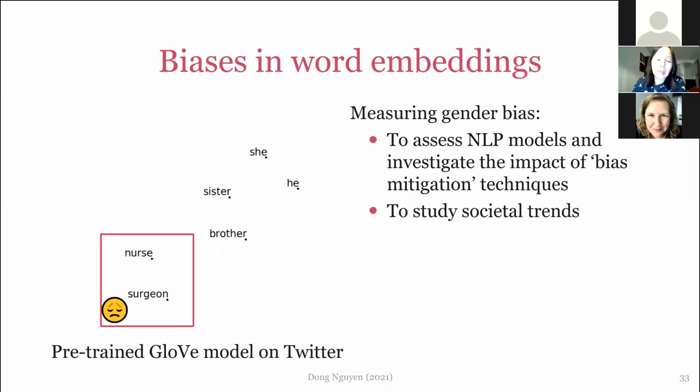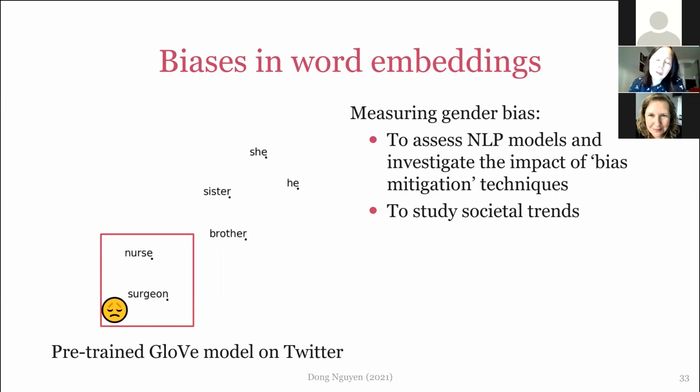But you can imagine that if these kinds of associations are encoded in these word embeddings, it could be problematic if they're used in applications, right? If you think of recommendation or screening of resumes or something else, then some of these biases could propagate into these applications and reinforce, let's say, biases that are already there in society.